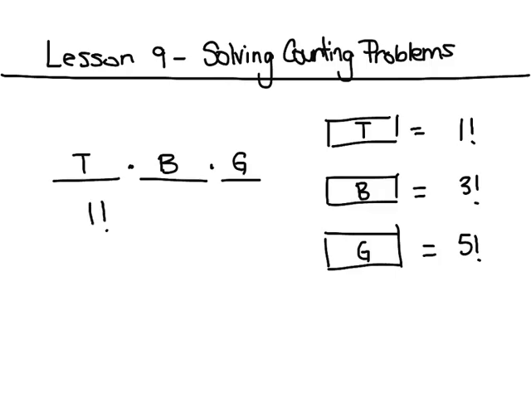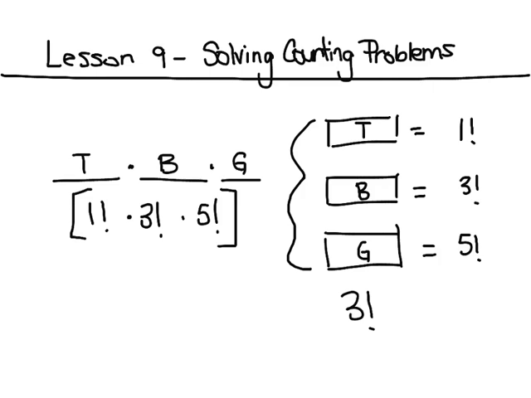So we have 1 factorial times 3 factorial times 5 factorial. Now, that is in the case if they're sitting teachers, boys, and girls. But because there are 3 options here, this itself is 3 factorial as well. So we take this and we multiply the whole situation by 3 factorial because there are 6 different ways that they could be arranged with the teacher, the boys, and the girls.